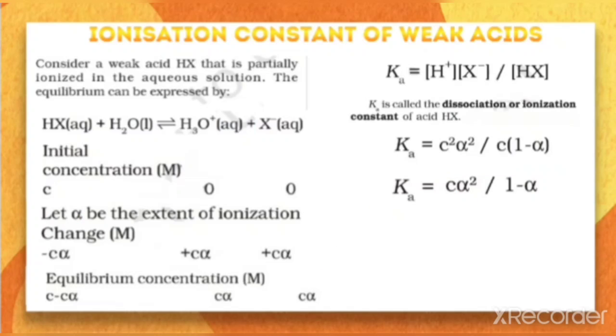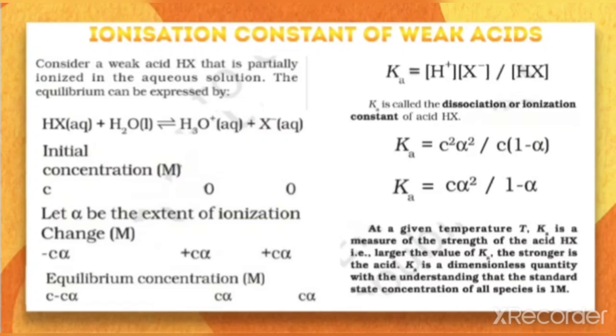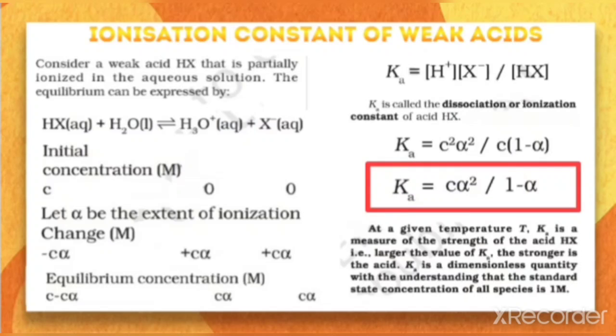So here at a given temperature T, the Ka is the measure of the strength of the acid HX. That means the larger the value of Ka, the stronger is the acid. So at a given temperature, the value of Ka is a measure of the strength of the acid. That means whether the acid has greater strength or not, how can we identify it?